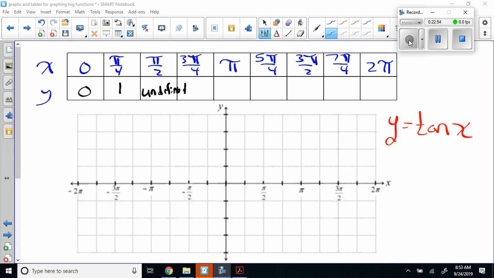What about 3 pi over 4? Negative 1. How about pi? 0. What about 5 pi over 4? Huh. 3 pi over 2? Oh, really? I'm going to put UND. Is that okay? That way it cleans up my table.